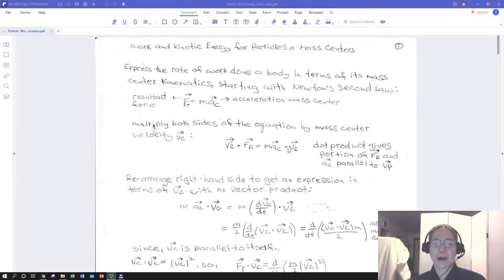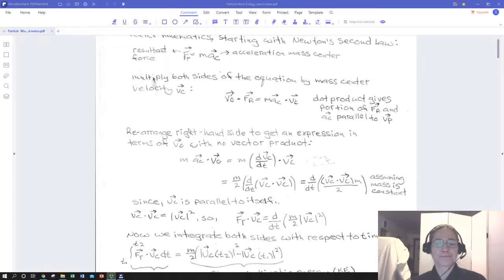So just thinking about this, not to go too far down that path, but just remembering that by invoking the dot product, we are specifically taking the portion of the velocity of the mass center that's parallel to the force resultant being applied, and we're taking the portion of the acceleration of the mass center that's parallel to the mass center velocity. So everything's got to be going the same direction.